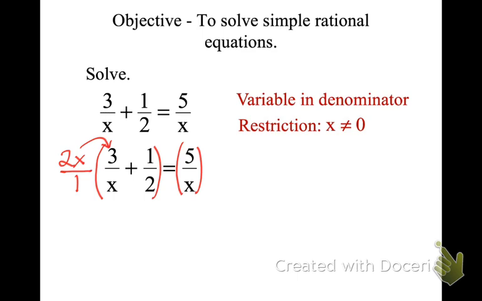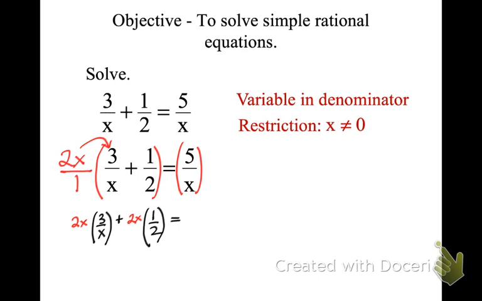I think you can do it mentally, but I'm going to write it out the first time. And that would be like, I'll be multiplying 2x times 3 over x, okay? And then I have a plus, I'm multiplying 2x times 1 over 2, okay?